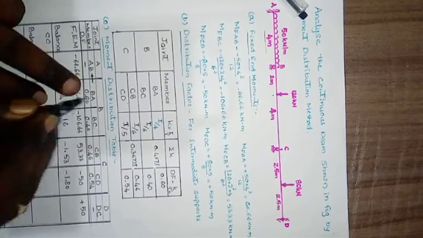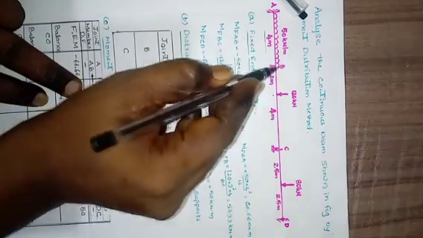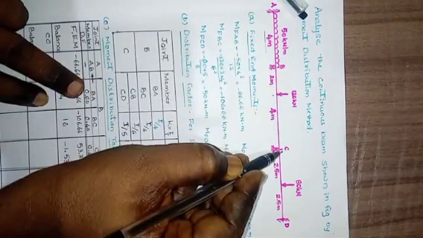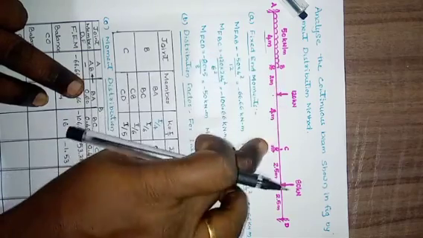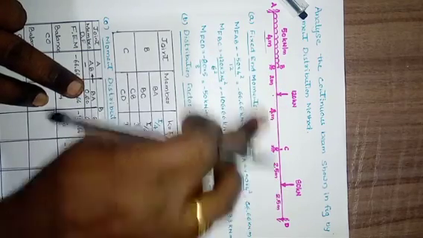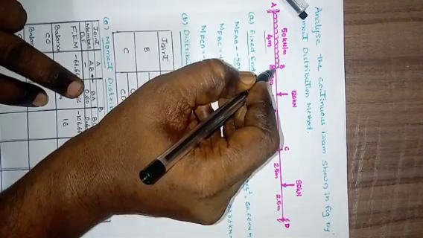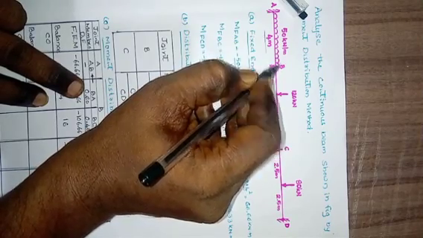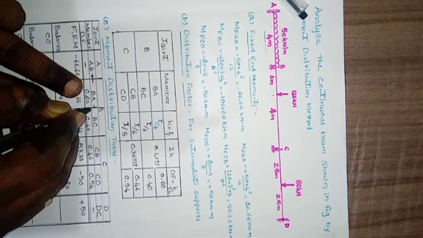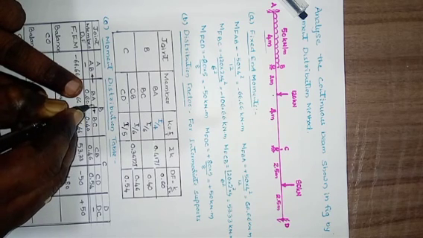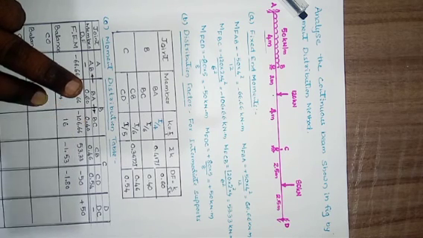Similarly, from B to C, 50% of the moment is carried over. Since this one is continuous and this one is fixed, 50% of the moment is carried over from B to A and B to C.